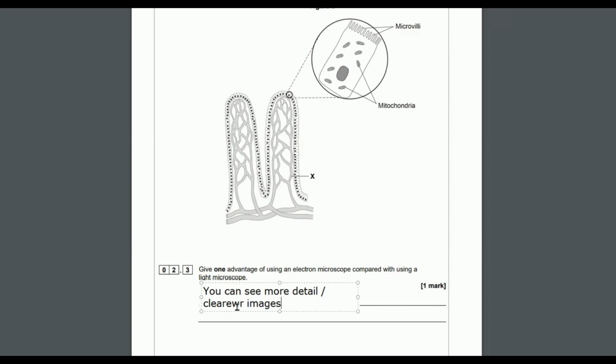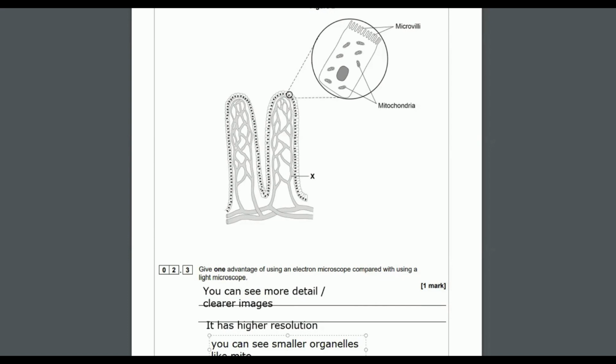But the best answer is higher resolution. And that basically means that you can see more detail or clearer images. You can see smaller organelles, like mitochondria.